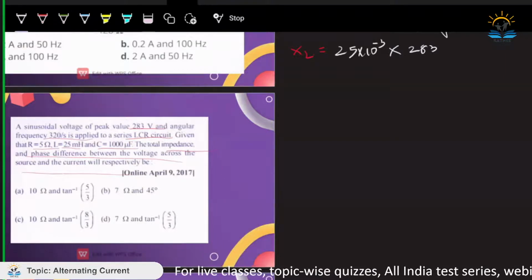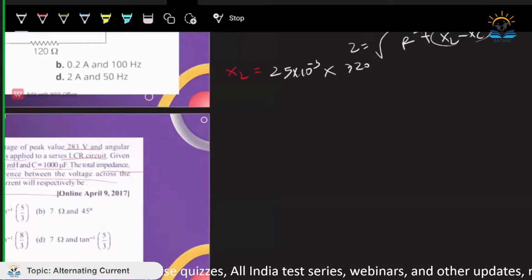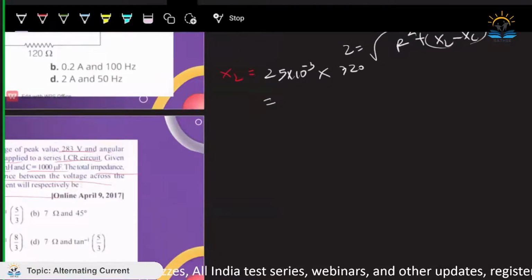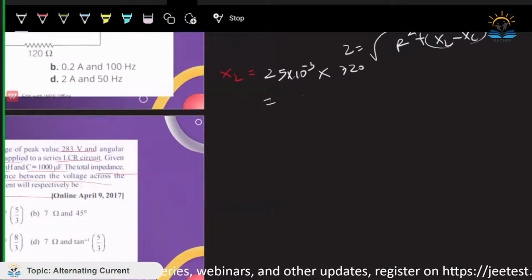No, that is the peak value of voltage. Omega is 320. Angular frequency is 320. This will be how much? 320 into 25 into 10 raised to minus 3. So approximately you'll get 8.